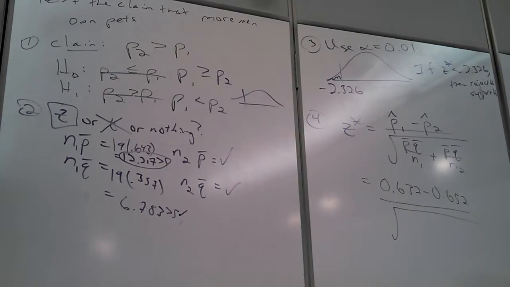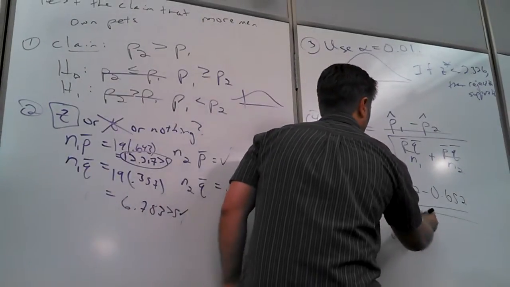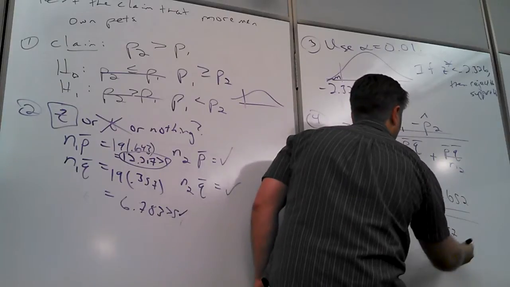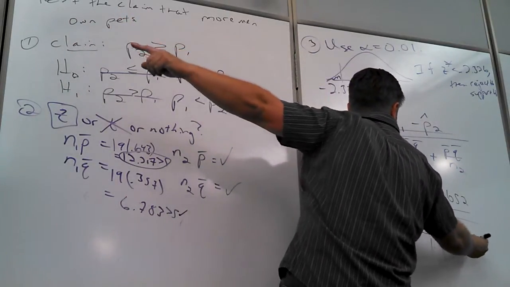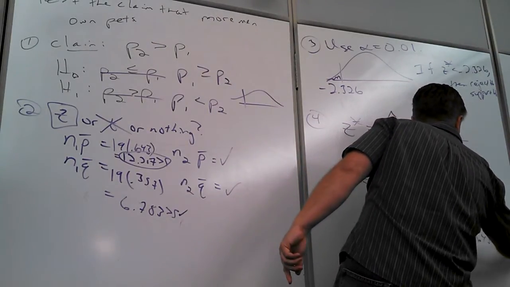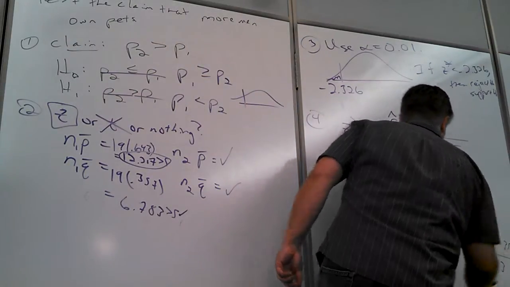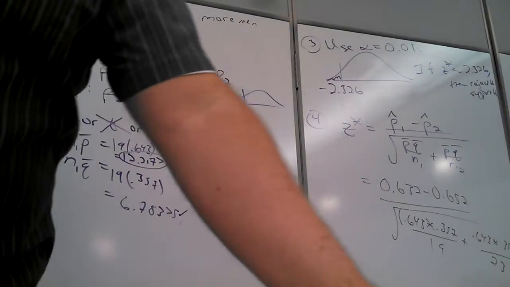You can do it, Jeff. N1 was 19. N2 was 23. Good God. Have fun with that.